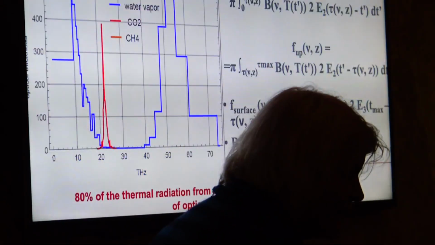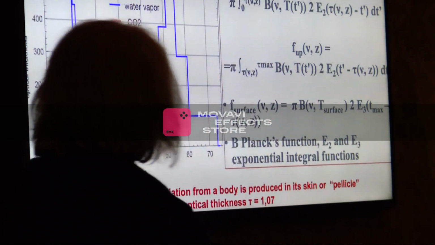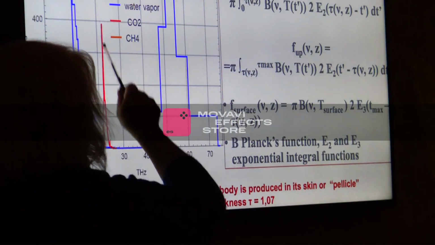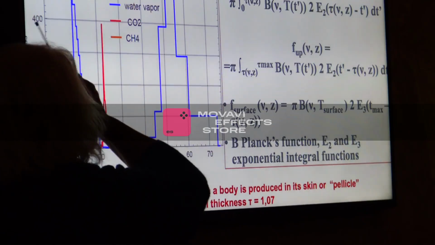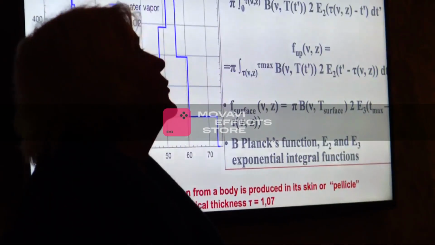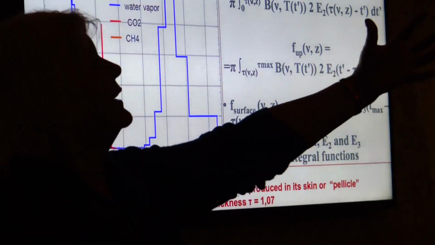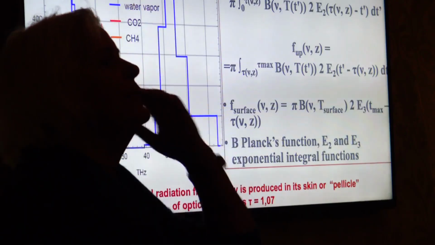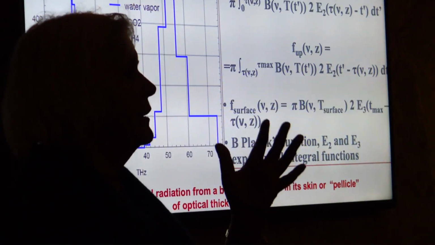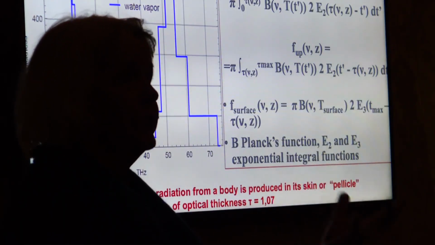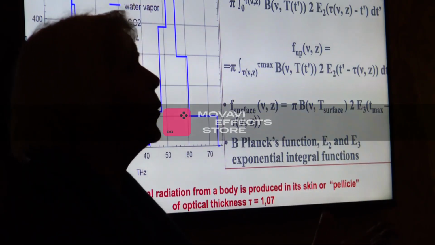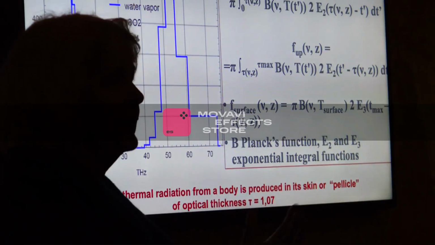Coming to radiative transfer, it turns out this is my CO2 emission, and it is very opaque. It has opacity 400, which means that on the line of sight I have 400,000 molecules of CO2, which are emitting.